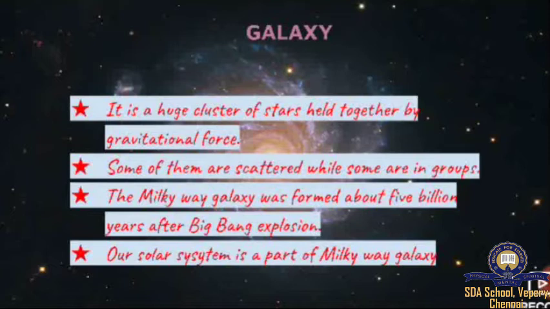A galaxy is a huge cluster of stars held together by the gravitational force. Some of them are scattered while some of them are in groups. The Milky Way was formed about 5 billion years after the Big Bang explosion. Our solar system is also a part of the Milky Way galaxy.